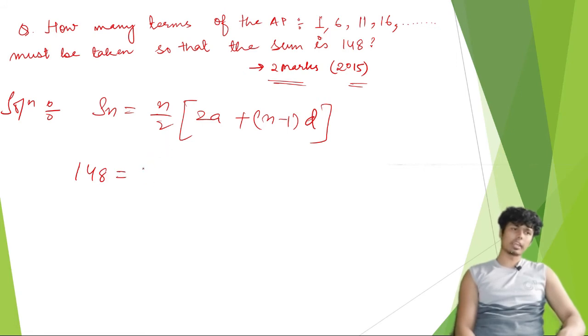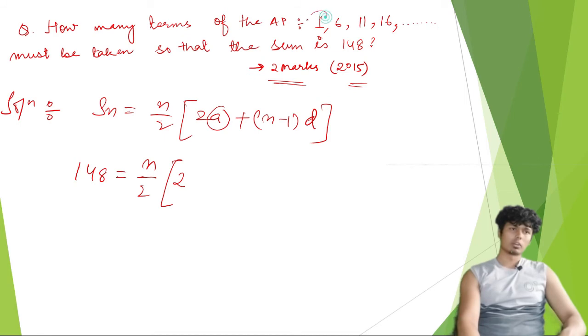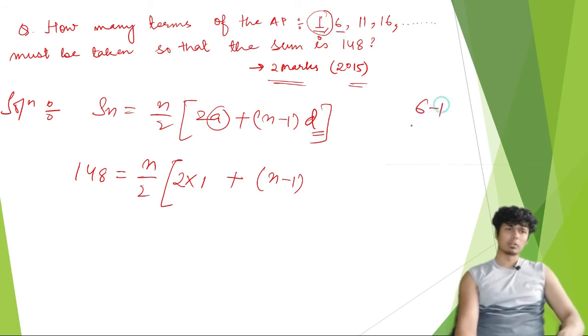We do not know the value of n, so write down n divided by 2, 2 into a. What is a here? The first term a is 1, so 2 into 1 plus n minus 1 into d. What is d here? Second term minus first term, 6 minus 1, which is 5. So the value of d is 5.